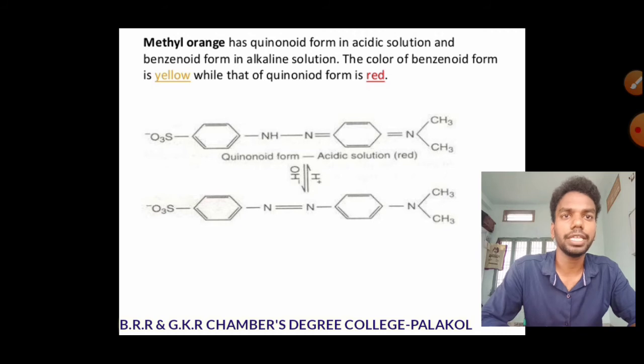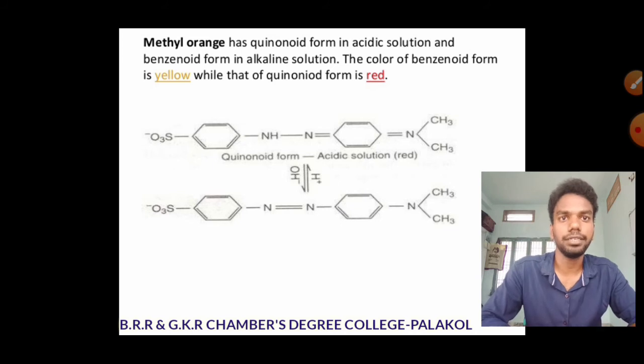So methyl orange also shows two forms, the benzoyl form and the quinoide form. If it exists in the benzoyl form in basic medium, the color is yellow, while in the quinoide form the color is red. So methyl orange has the quinoide form in acidic medium, so it shows a red color. Methyl orange has the benzoyl form in basic medium, so it shows a yellow color.